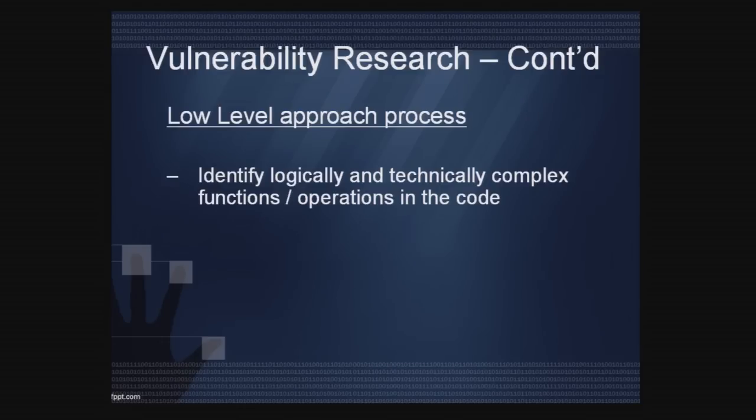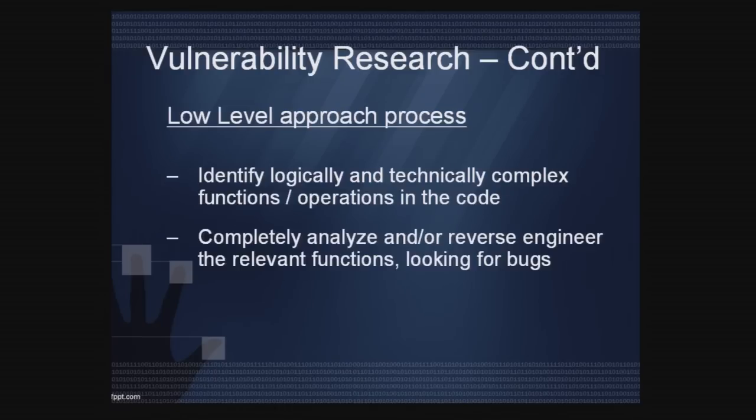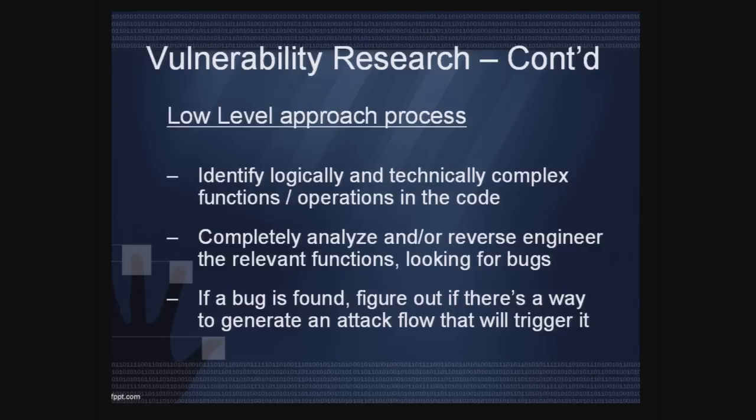Anything that communicates, interfaces, all places that are good to look for. And then basically what you do is you say, okay, that function looks very complex. I'll go and completely reverse it and look for bugs. And then you go upwards from there, looking to see if you can generate an input or a flow that will get you to the bug that you found.